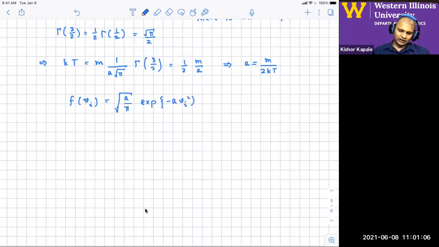Now it would look like square root of a over pi, where a is m over 2kT. So you will need m over 2 pi kT by substituting a, times exponent of minus m vi squared over 2kT.